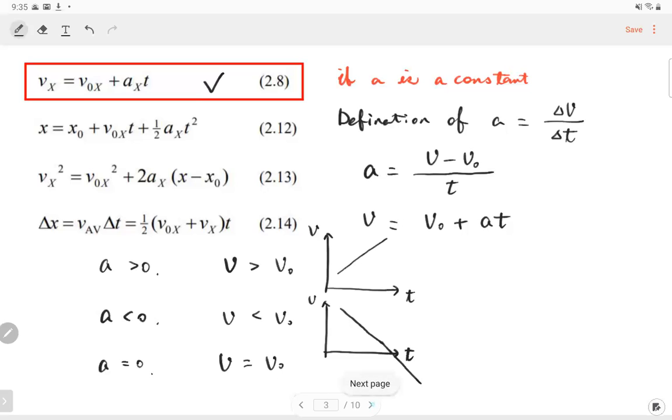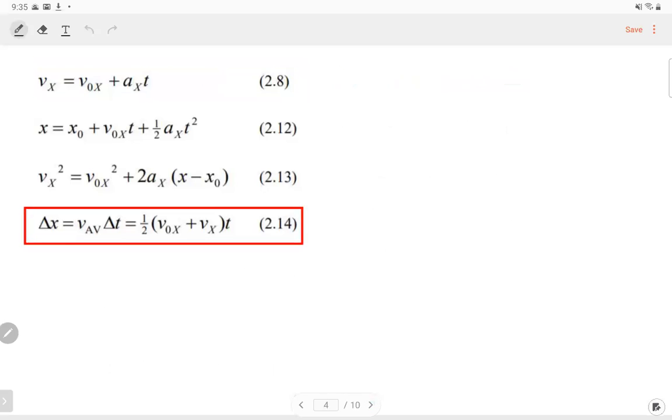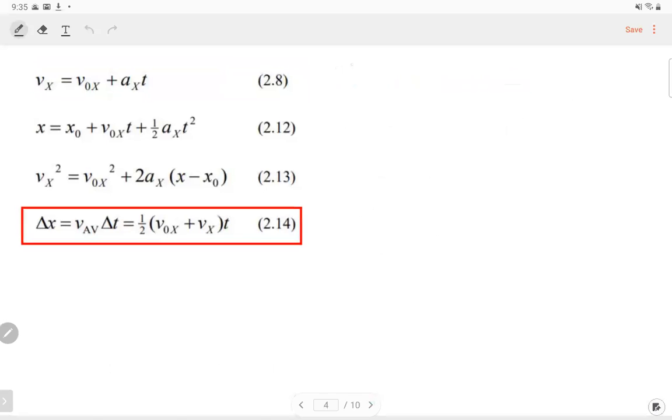Next, we're going to talk about the last equation. In the last equation, you can find that there's no acceleration. This is the definition of average velocity. Think about that.